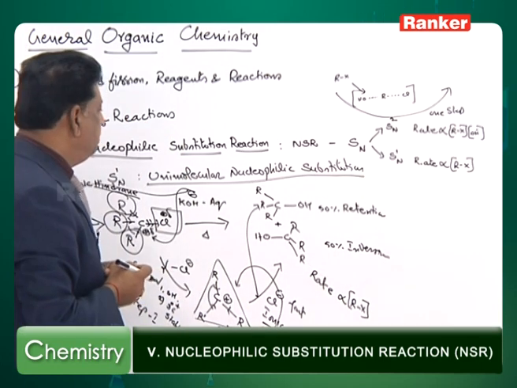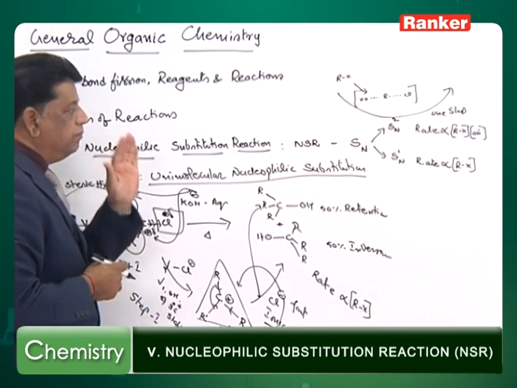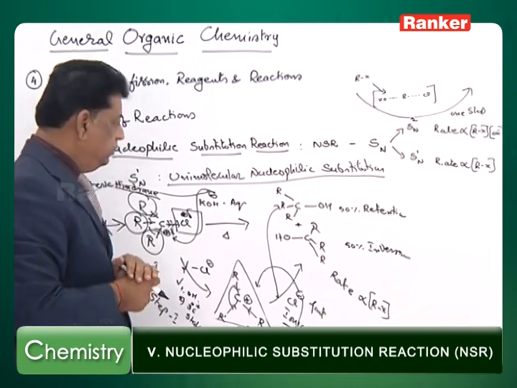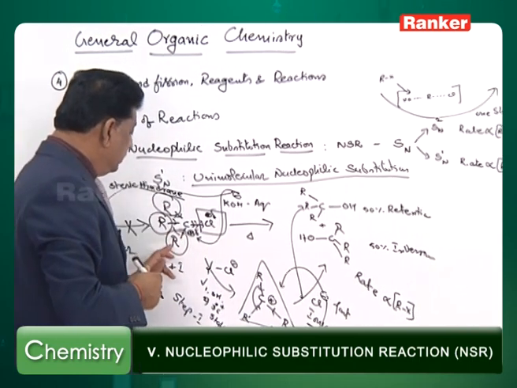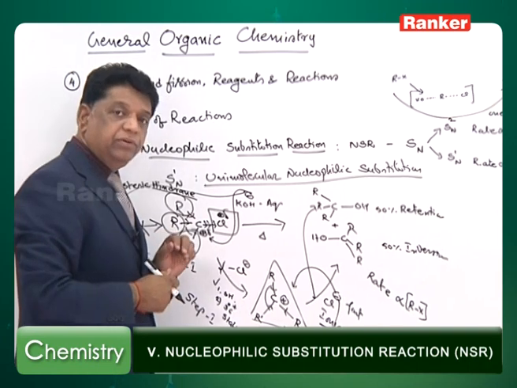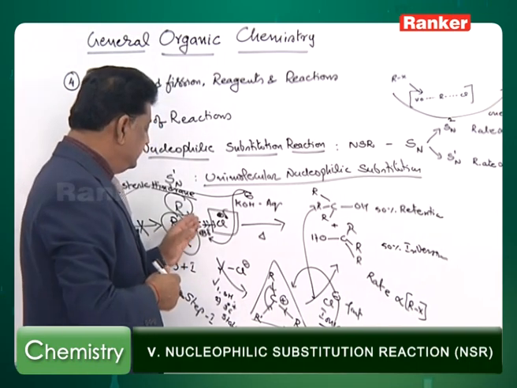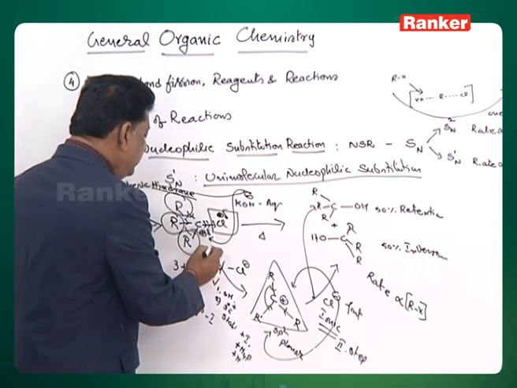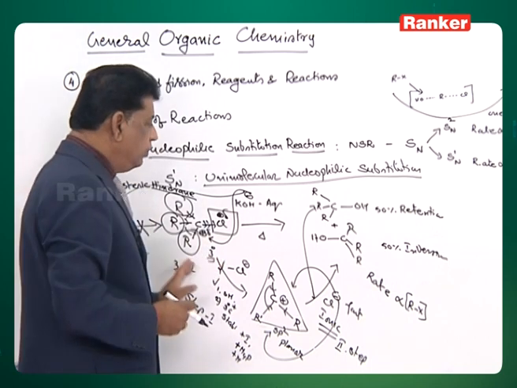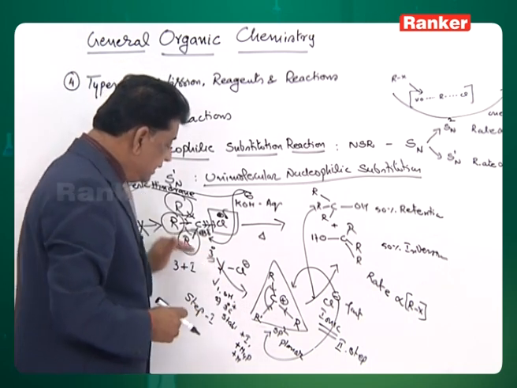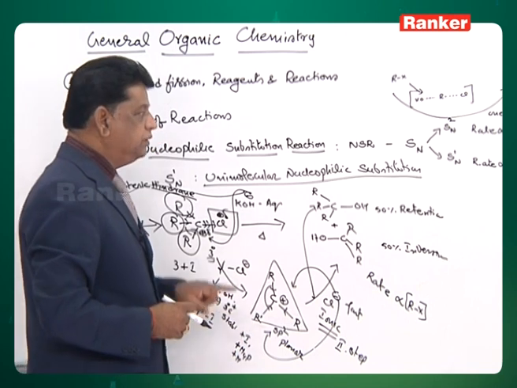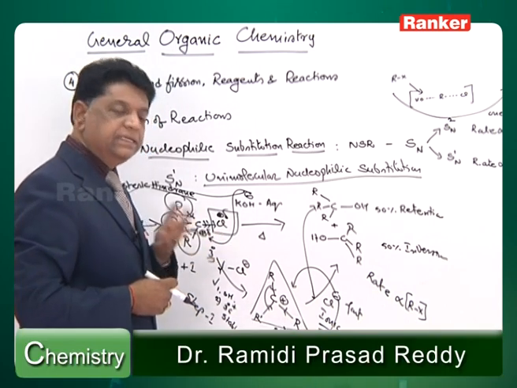Basically, 1 degree alkyl halides prefer the SN2 reaction. Whenever these big groups are there, this carbon happens to be 3 degree. In such a case, these compounds, called 3 degree alkyl halides, prefer to undergo the SN1 reaction. It passes through an intermediate species, whereas the previous one passes through a transition state.